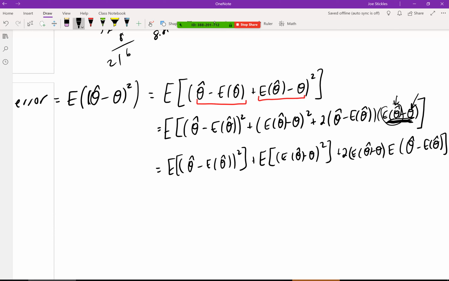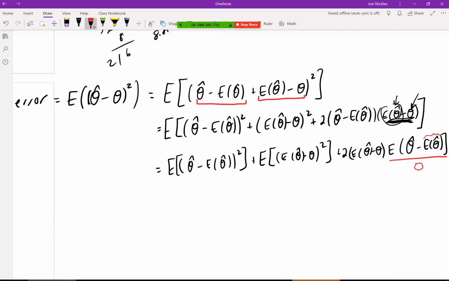Thank you. All right. So let's look at this last piece here, the one I'm going to underline in red. Again, I have expected value of a parameter minus what its expected value is. Again, this is a constant as far as expected value goes, so you can break up the expected value over the difference. You end up with expected value of theta hat minus expected value of theta hat. So this term is going to turn out to be 0.